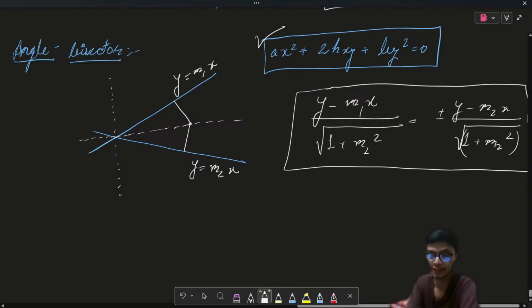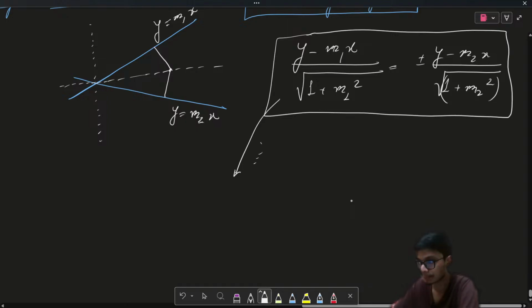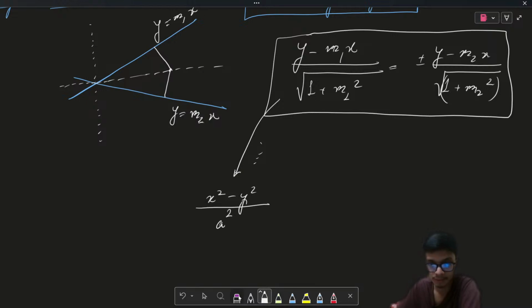So if I take both the equations and combine them and multiply, then I'm easily going to get the required equation of the angle bisector, right? If you do that and then substitute the values of m1 plus m2 and m1 into m2, where m1 into m2 is equal to a upon b and m1 plus m2 is equal to minus 2h upon b, and you carry out a few lines of algebra, you will end up with a simplified expression for the pair of angle bisectors: x square minus y square divided by a minus b should be equal to xy upon h.